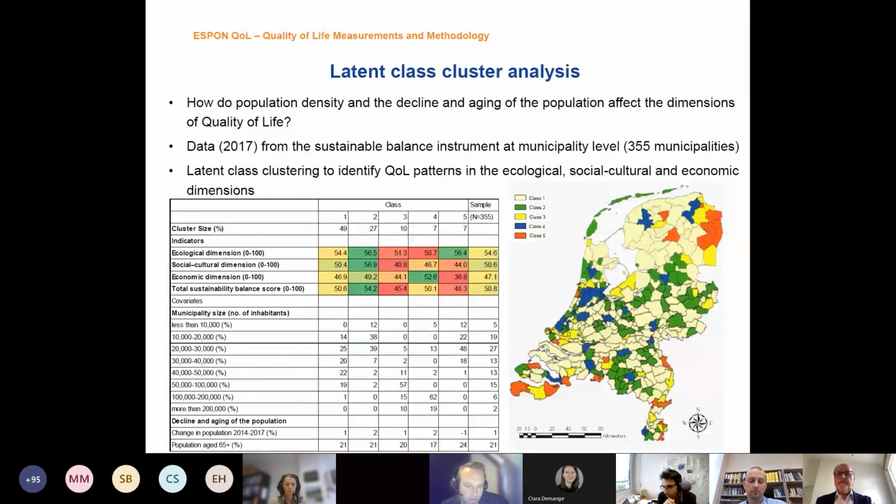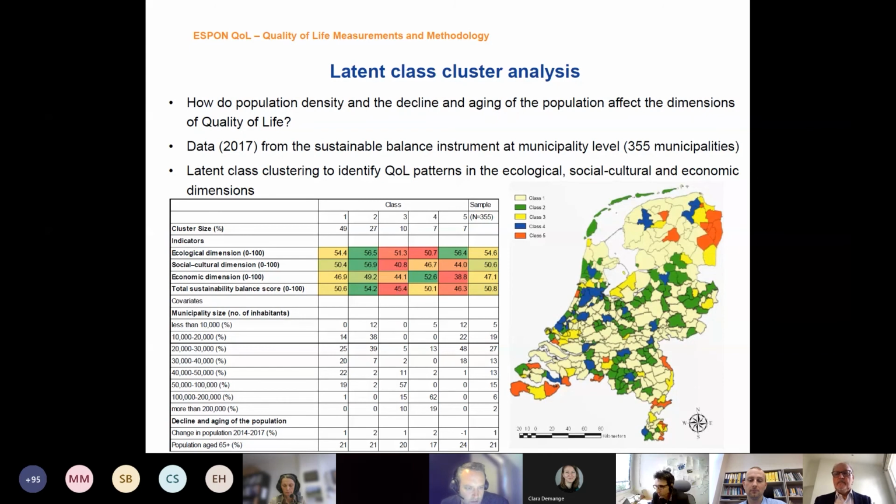So the fourth cluster performs most poorly relatively on the ecological dimension. You see these clusters are actually the larger cities, regions with populations of 100,000 to 200,000. So you see those larger regions indeed perform poorly on this ecological dimension.